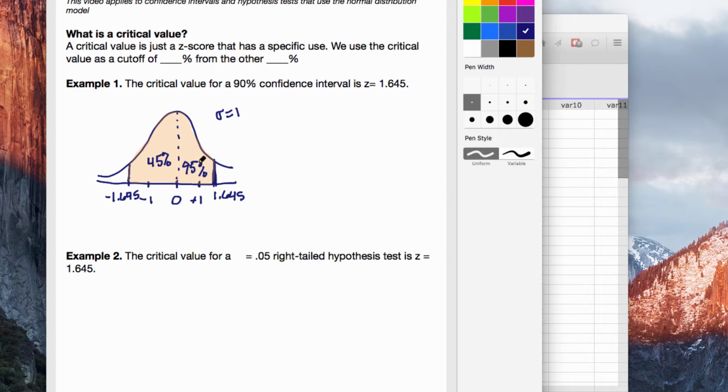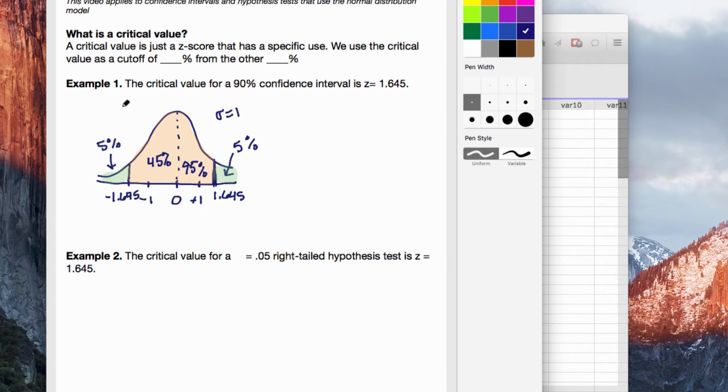If there's 45 and 45 in each of these big sections, then that means that this section shaded all the way on the right, and then this little tail over here on the left, each one of those is going to have 5% of the area. So this one also gets 5%.